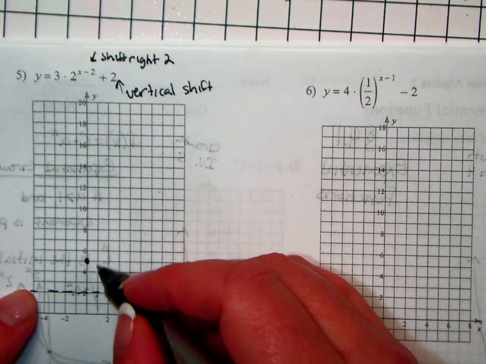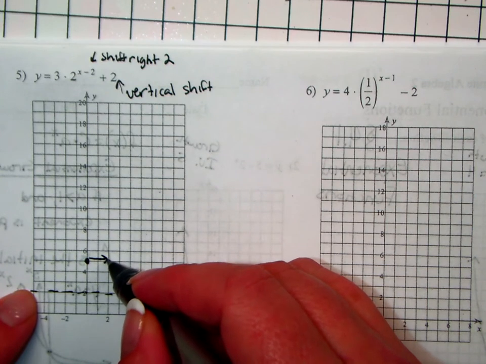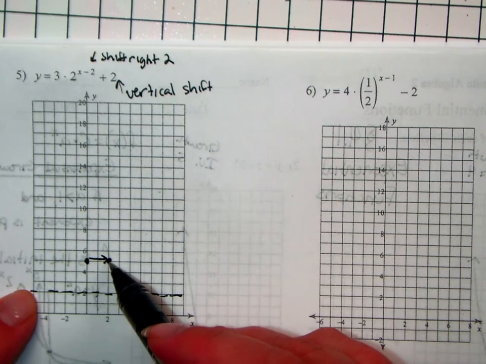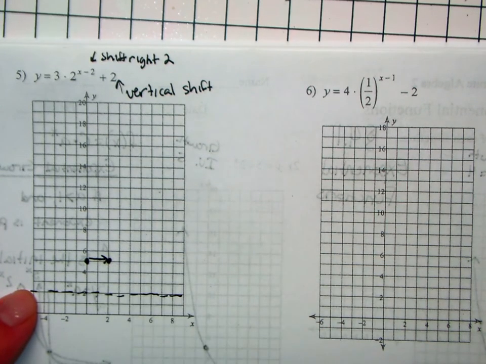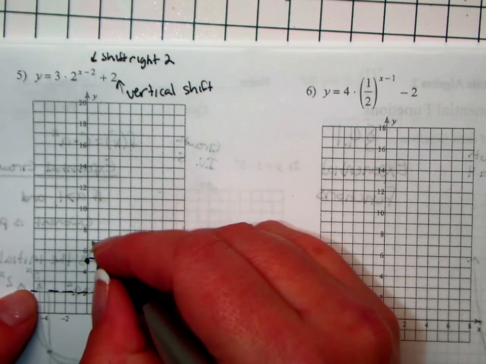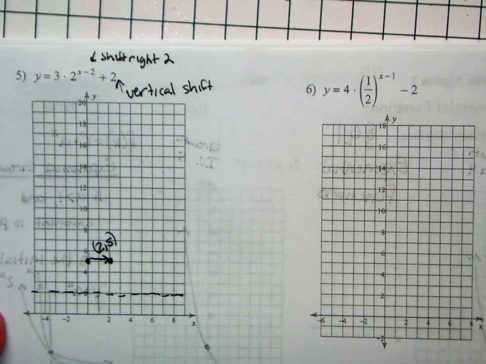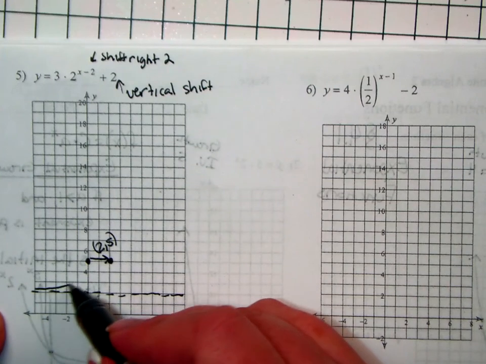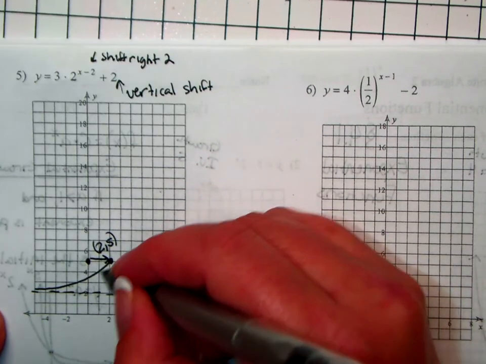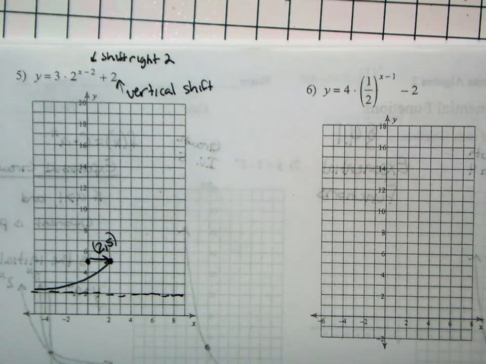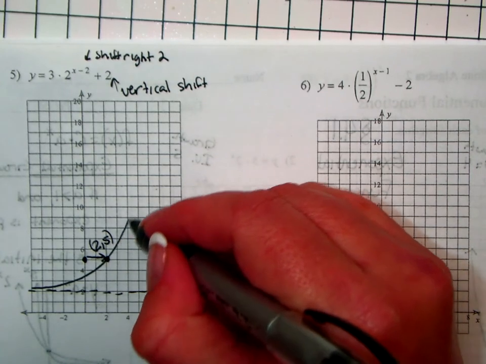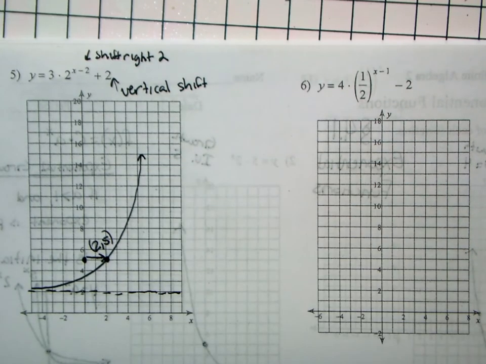But this point needs to go to the right 2, so our initial value is basically 2, 5, if you will. And then we're going to draw our growth shape after all those shifts. So the growth shape comes to 0 on the left and then increases to infinity on the right.